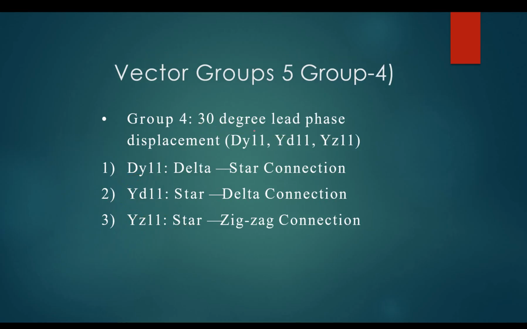A plus 30 degree lead phase means 11: Dyn11, YD11 and YZ11.